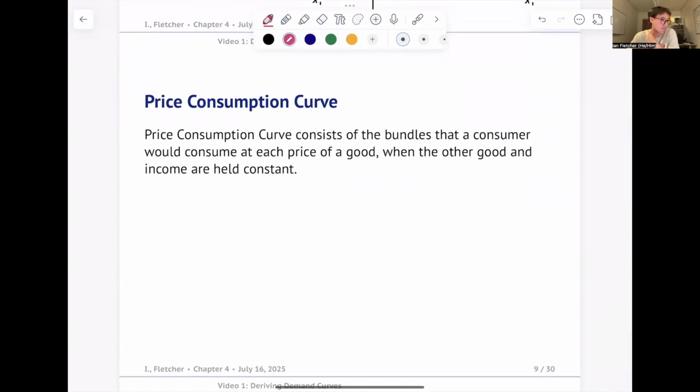Okay, so for example, if we are thinking, and this just keeps bouncing around, why is this doing this? Sorry, guys, technical difficulties galore.